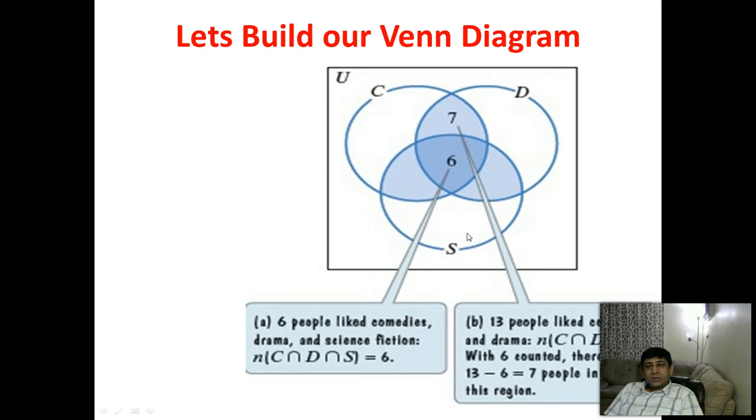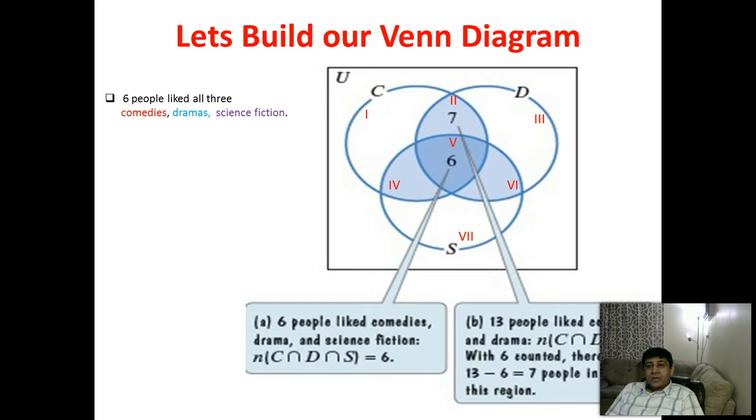Let's label the regions. How many regions do we have? We have 1, 2, 3, 4, 5, 6, 7, and then there's 8 as well. I forgot to label that, the 8th region outside all the circles here. Now let's start with the innermost region here. The innermost region is number 5.